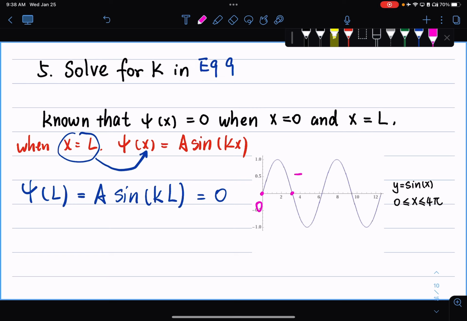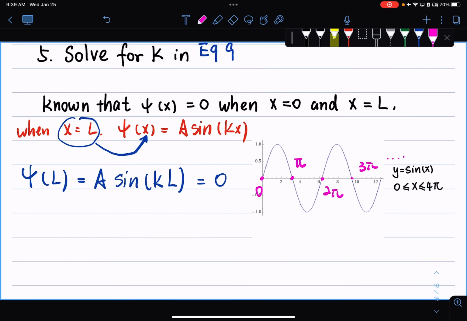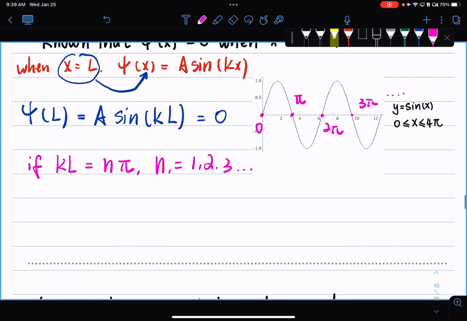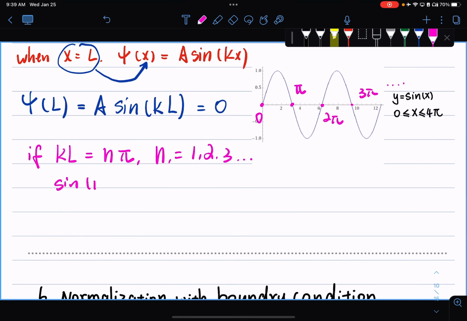It also equals 0 when you add pi, 2 pi, 3 pi, etc. So what that means is, if my kL equals n pi, where n equals 1, 2, 3, etc., my sine(n pi) always equals 0.